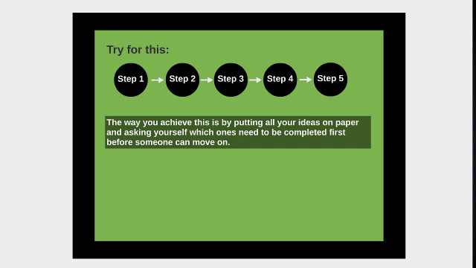What would be step 2? So in order to do step 2, I would need step 1. Or in order to do step number 5, I would need 1, 2, 3, and 4. In other words, I couldn't advance to 5 unless I have 1, 2, 3, 4. Or I couldn't advance to number 3 unless I went through 1 and 2.